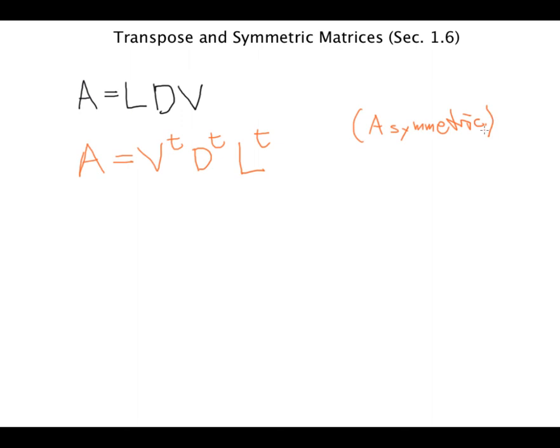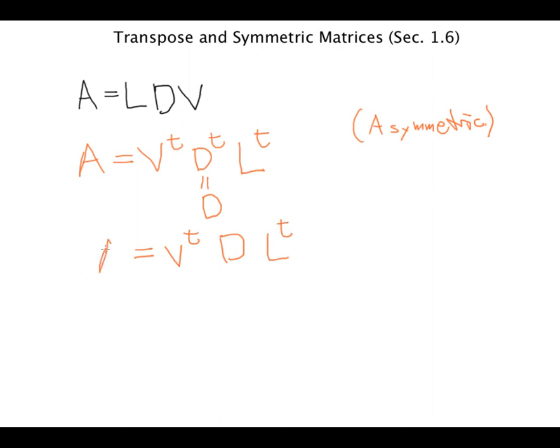And what do we know about D transpose? Well, if you take the transpose of a diagonal matrix, it's just itself. So we can write this as V transpose D times L transpose.